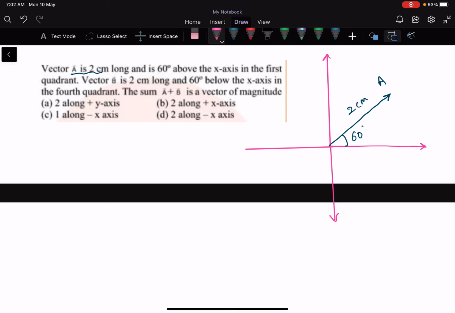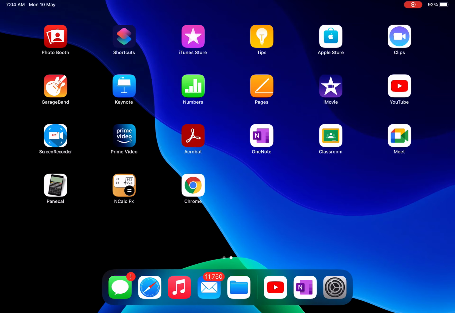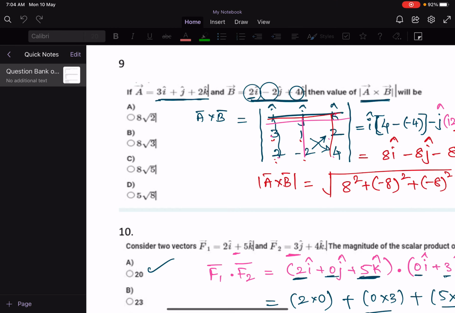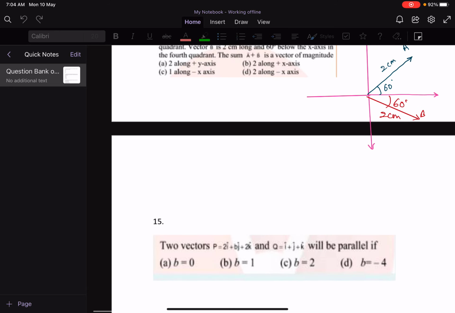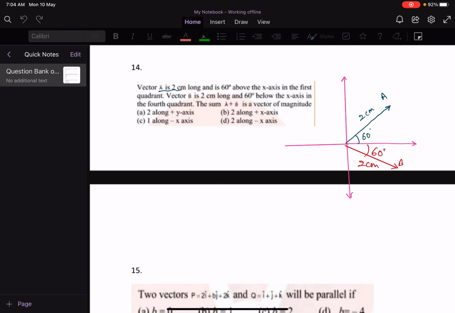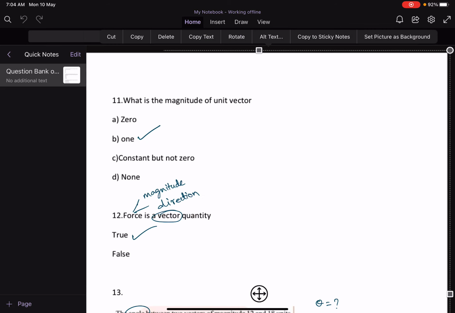And vector B is 2 centimeters long and 60 degrees below the x-axis, in the fourth quadrant. So this is vector A and vector B.